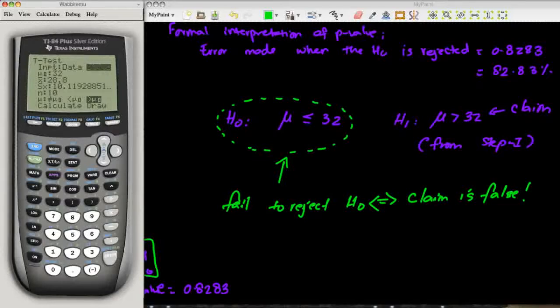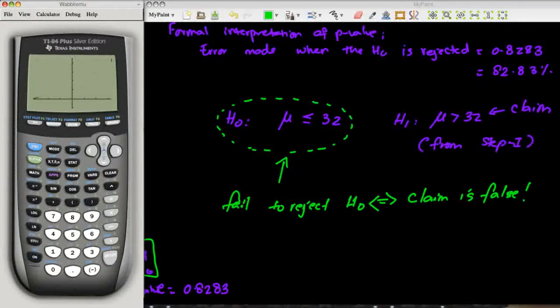The calculator recognizes the mean that I have from the data, so it's 28.8, and the standard deviation is 10.12, the sample size is 10, and we are selecting a right-tail test, and if you hit calculate, you'd still get the same answer. If you want to sketch the p-value, you'd repeat the process and select number 2, and instead of calculating, you would say draw.